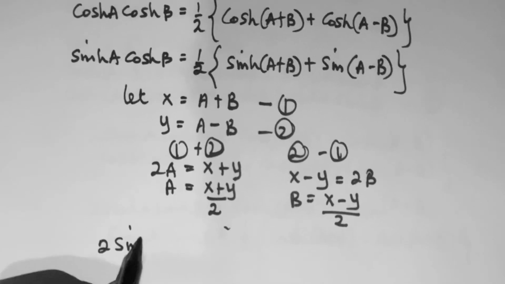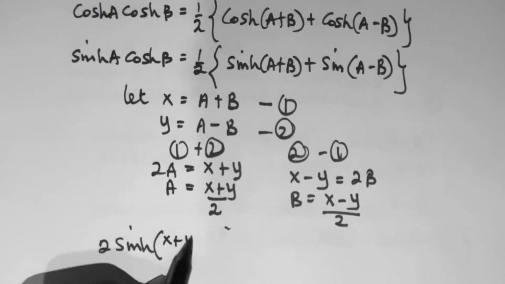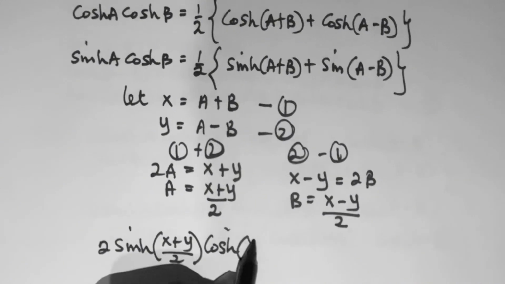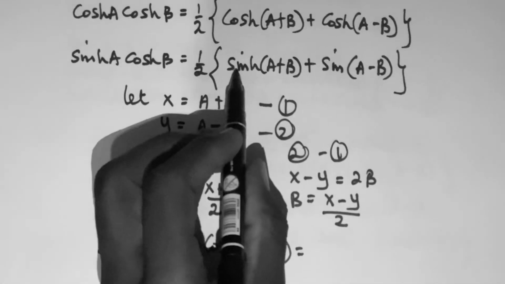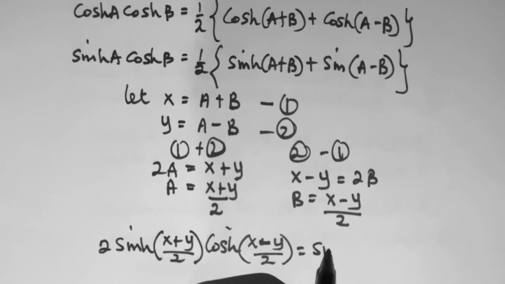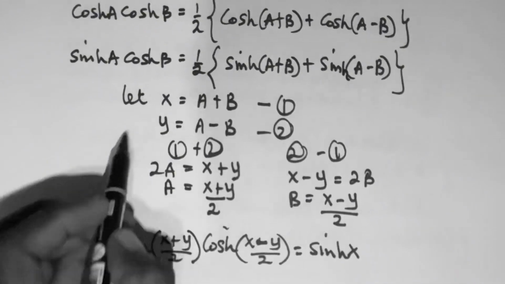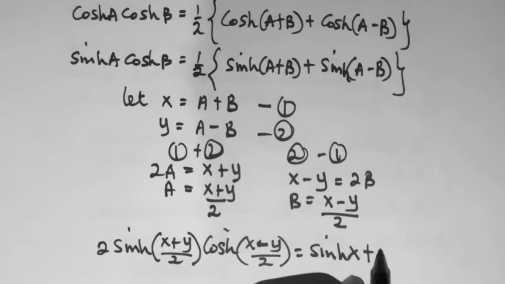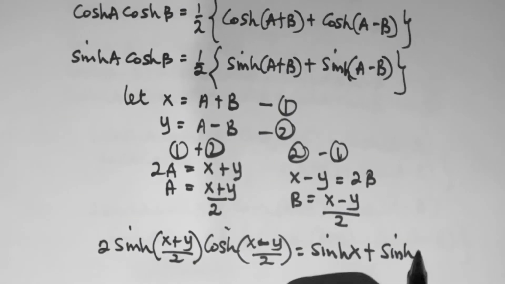Now A becomes (x plus y) over 2, then cos B is (x minus y) over 2, and that is equal to, now sinh(A plus B) is sinh x, and sinh(A minus B) becomes sinh y, so plus sinh y.